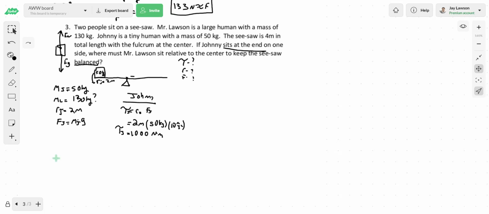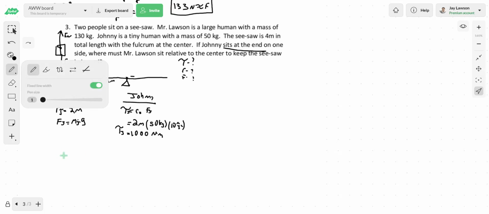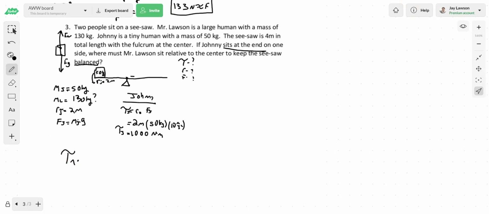So let's look. The net torque is going to be equal to the torque produced by Mr. Lawson minus the torque produced by Johnny. The net torque is 0, right? Because we're trying to keep it balanced. That's why I underlined it, trying to keep it balanced.